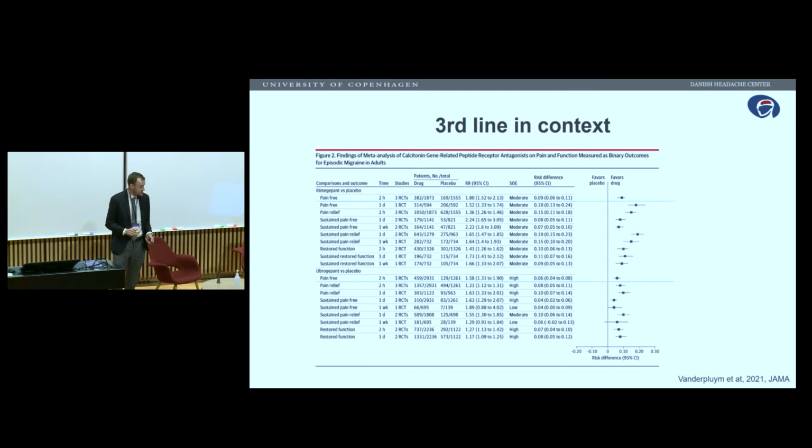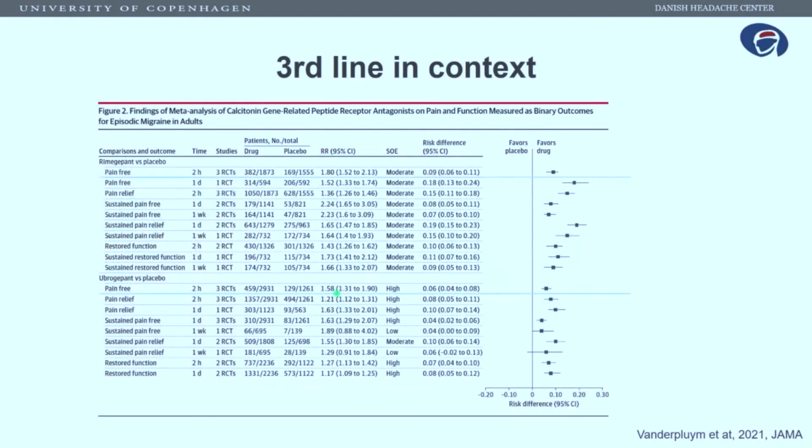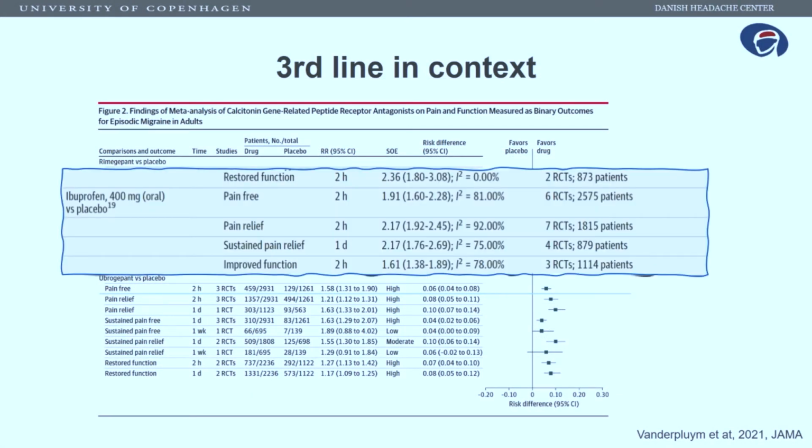In context, this is a big slide, but you see the risk ratio of rimegepant versus placebo is about 1.8 here, and for ubrogepant versus placebo, it's 1.6. This is just to compare it.